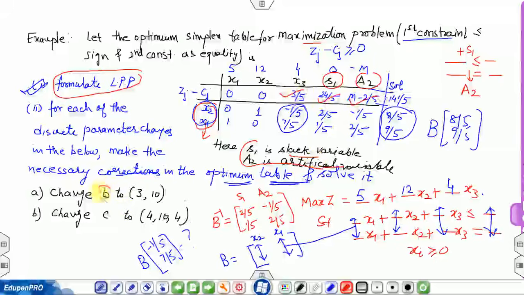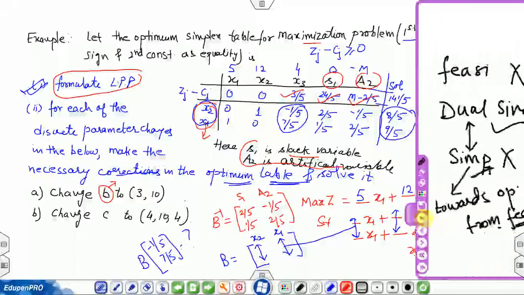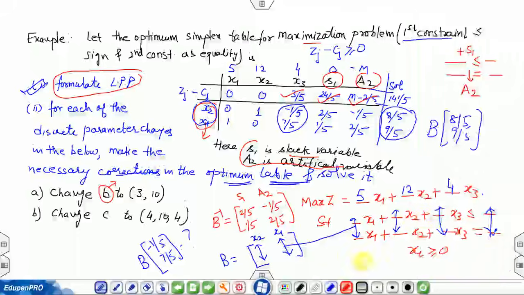So this is the optimal table. Now you want to change the value of b to 3 and 10. So firstly you have to calculate the value of B inverse. How do you calculate B inverse? B inverse is nothing but this value.